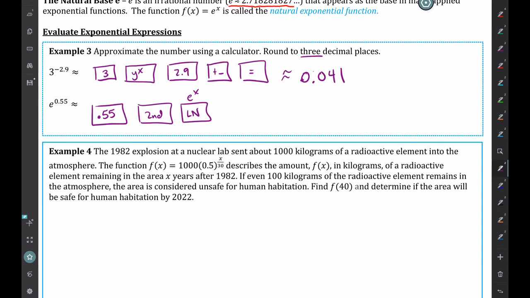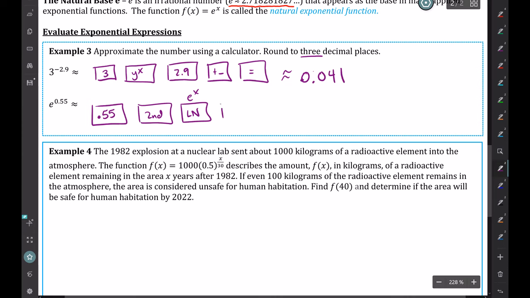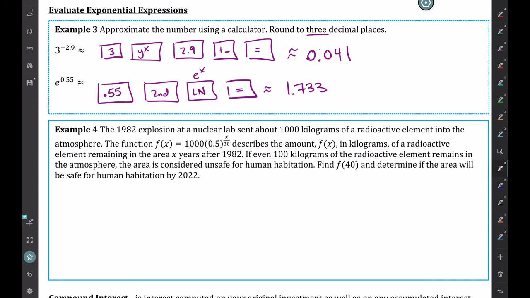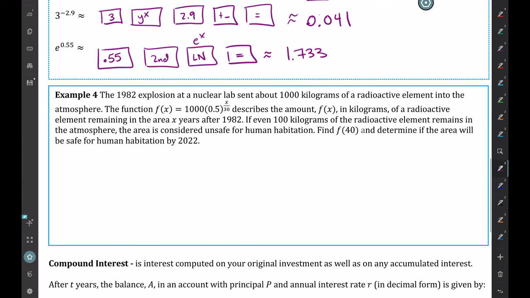So when you hit second, you're saying I want to use the second function, which is e to the x. So this is e to the x to the 0.55, and then you hit equals. And you should get 1.733. Okay? So we'll get some more practice of that in a minute. Hopefully that's clear what the process is to actually evaluate using your calculator.